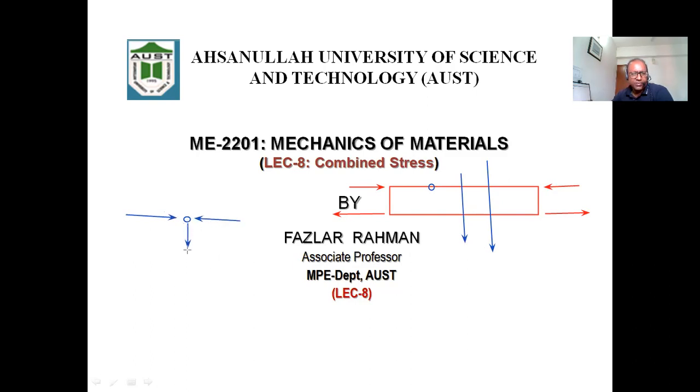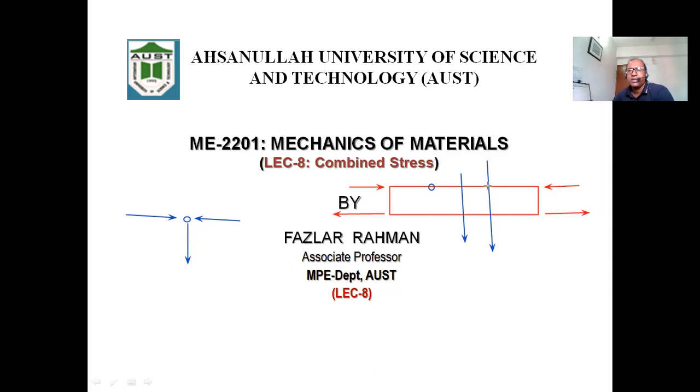The other one is downward shear force. But what will be the combined effect of these two? We didn't calculate this when you learned the beam, okay? But this combined effect will be severe.